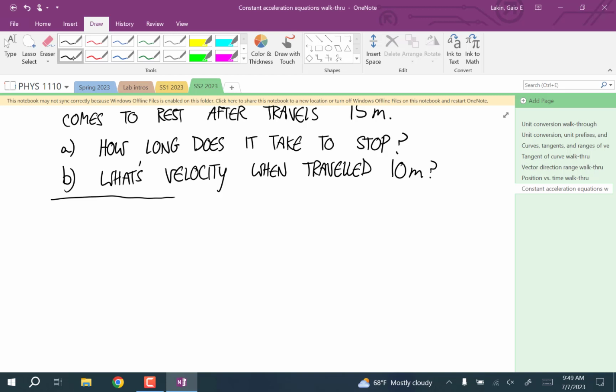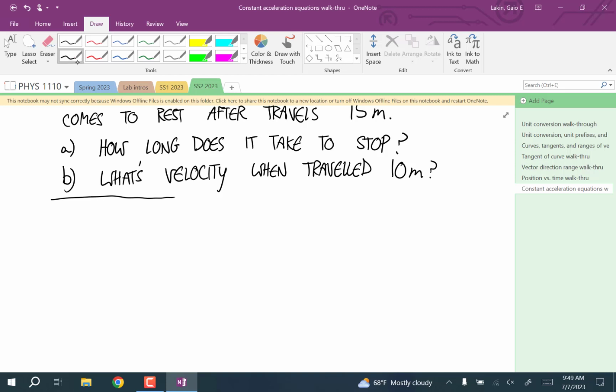We have information at two spots. We know when the motion starts, we know the speed and the direction of the motion. When the thing comes to rest, we know the speed of the motion and we know how far it's traveled.